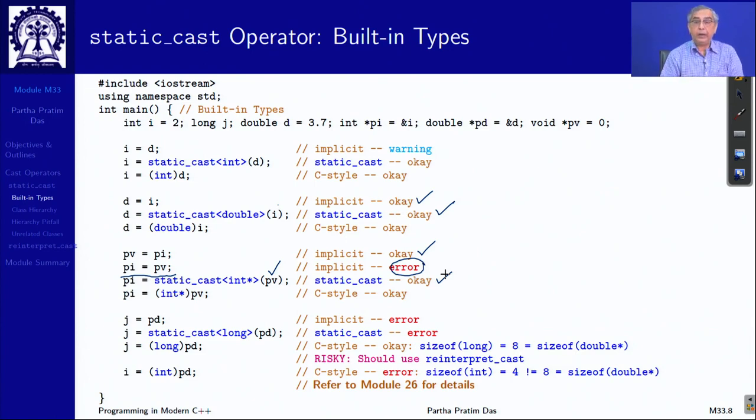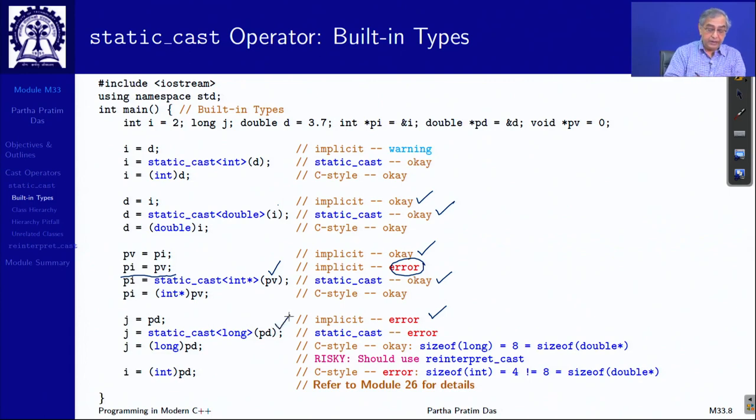Finally, let us look at the conversion between pointer and integral values. We discussed this at length in module 26. So, if you try to do an implicit cast from, say, pointer to double to long, it is an error.